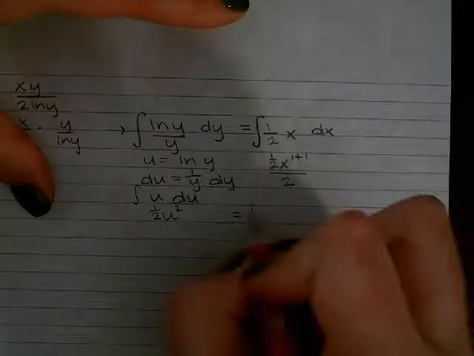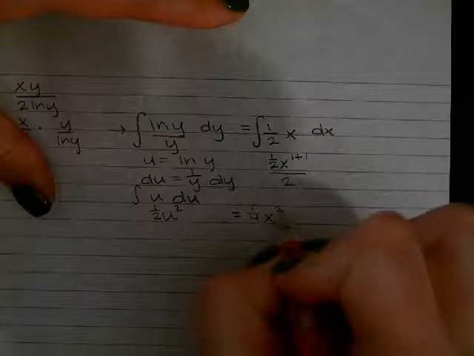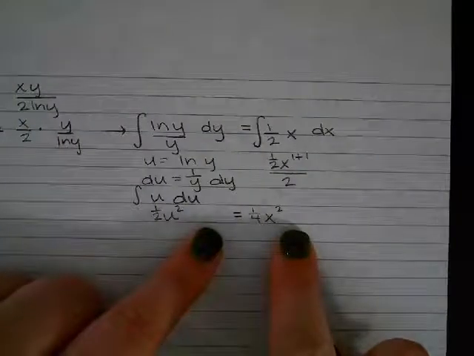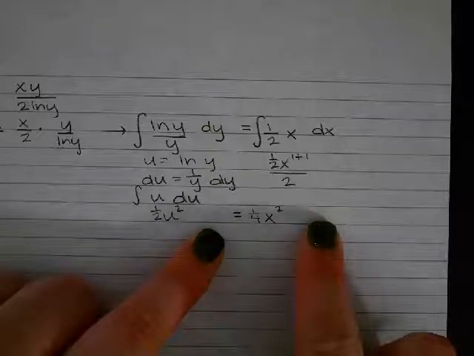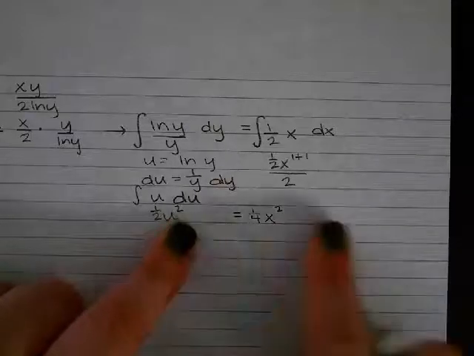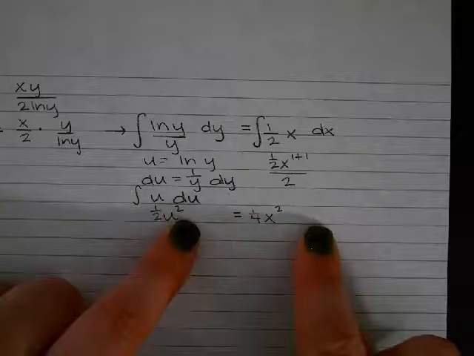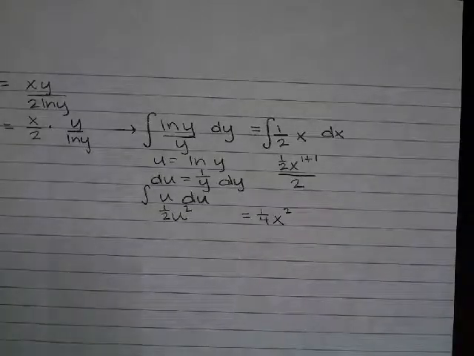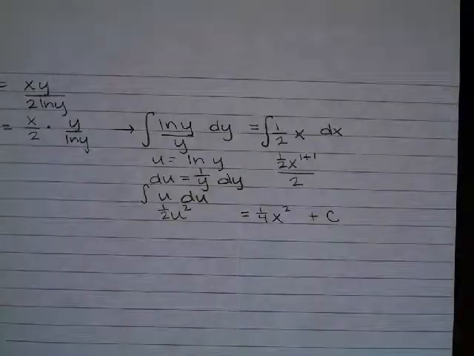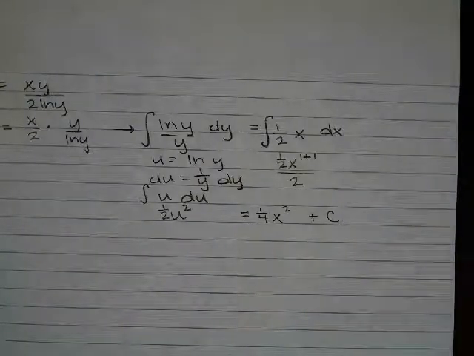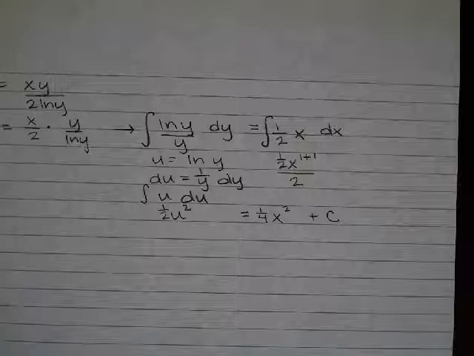1/4 x squared. Now technically both of these have a plus c and a plus c, but they're different plus c's. This one would be plus c sub 1, this one would be plus c sub 2. They have a constant added on the end, but it's a different constant. I'm just going to write plus c on one side and pretend that we moved all the constants over to the right side. Okay, we comfortable with that?